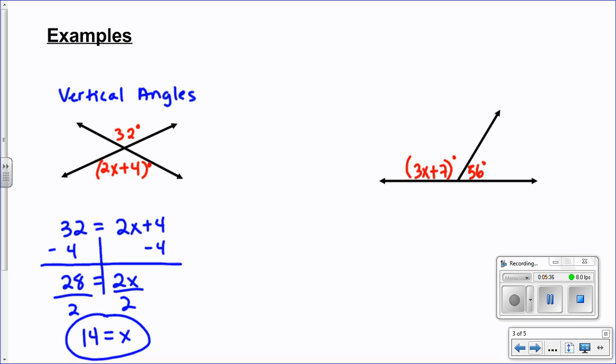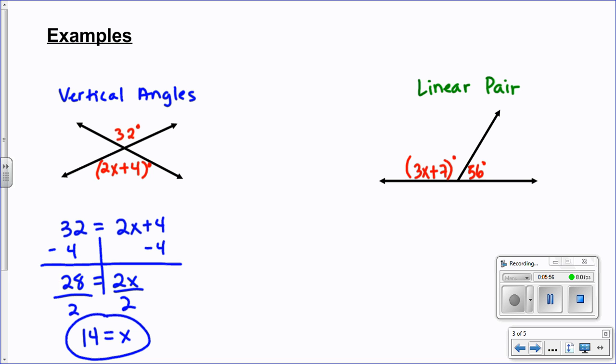Let's look at the next one. So this relationship is a linear pair because those two angles form that straight line. Again, the parentheses is only there because of the degree sign. So when I'm solving, I don't need to write it.